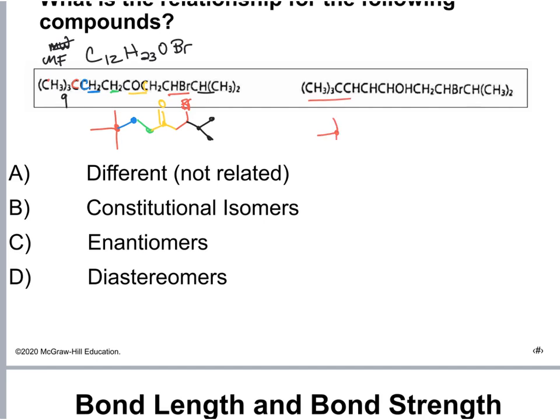CH3, there's your CH, and then we go to the next one, CH. Okay, well that's a CH, and that's a CH. That's going to be a double bond, CH to CH, and then that's a CH.